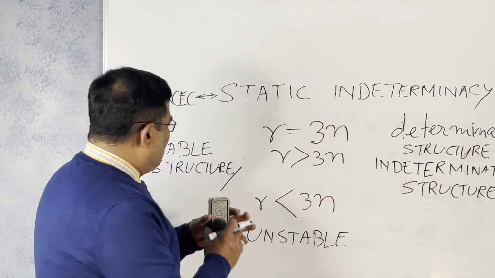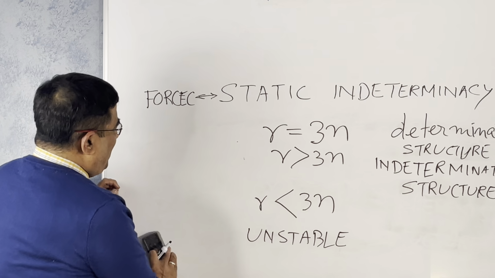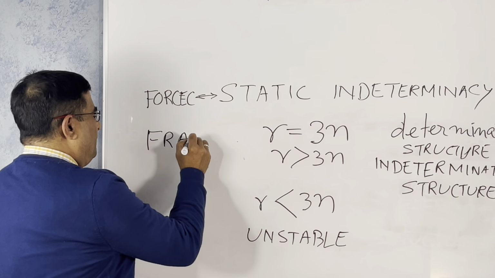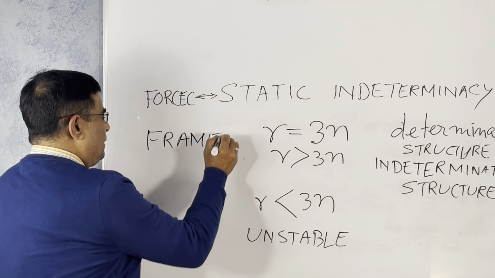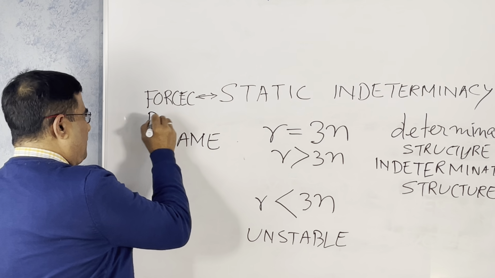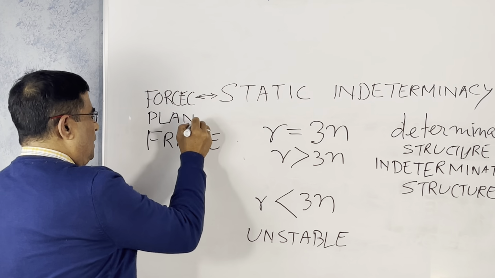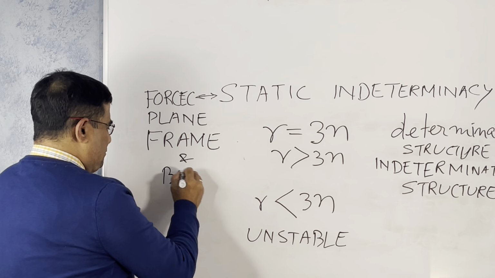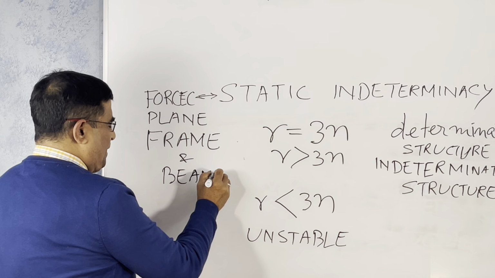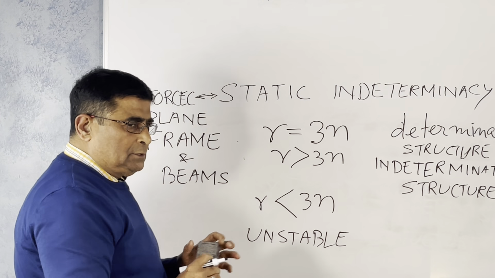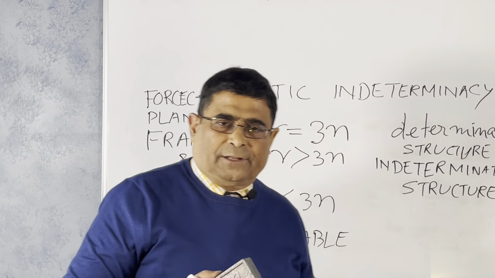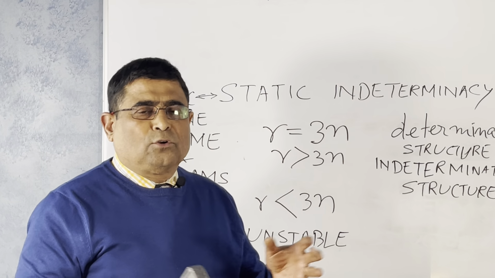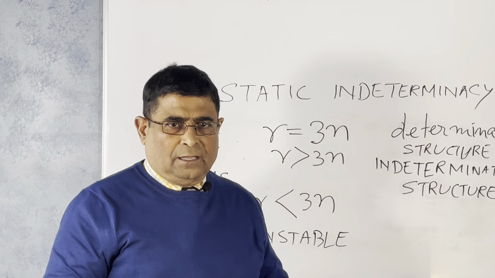This is the equation for frames and beams, plane frames and beams. I am not discussing the space frame because it is slightly different, with more parameters coming in. I don't like to confuse you at this stage.